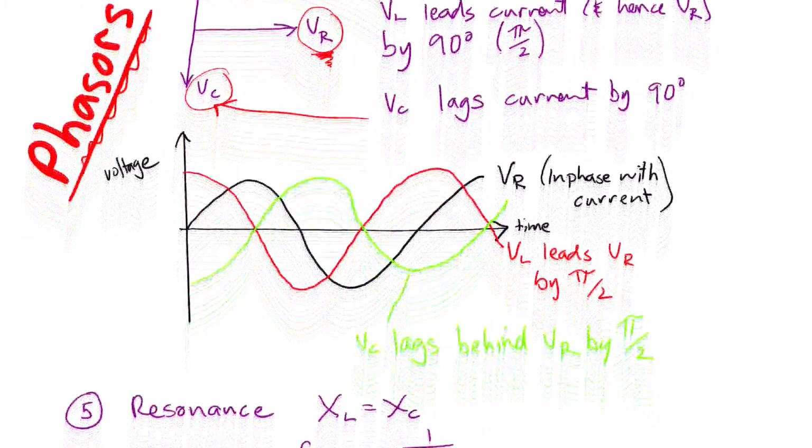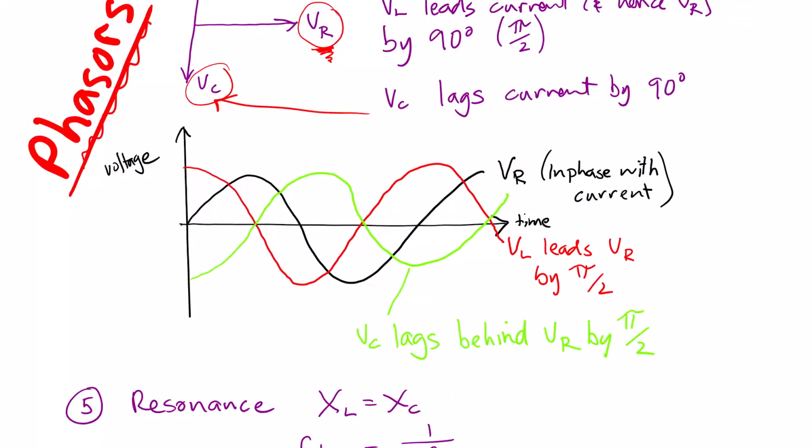So let's have a look at that in terms of the sine waves. We've got the black line here. The black line is the voltage across the resistor, and again in phase with the current. And we've got the red line, the voltage through the inductor, and you can see that leads the voltage through the resistor by 90 degrees. So the voltage through the inductor leads the current by 90 degrees as well.